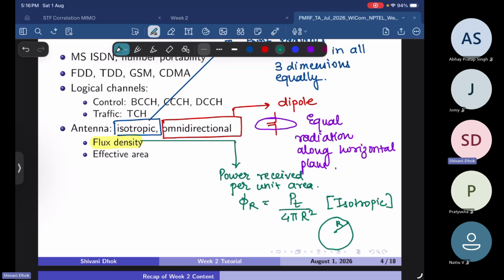The effective area of a receive antenna is the area which is able to capture the transmitted energy. For an isotropic antenna, the effective area is lambda squared divided by 4 pi, and your received power is proportional to your effective area.